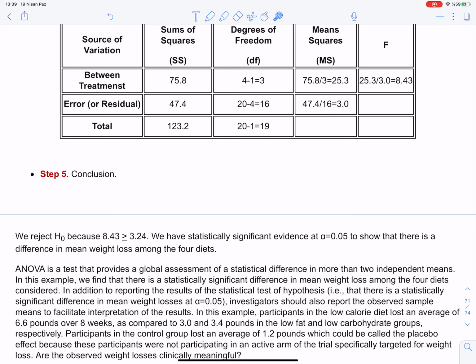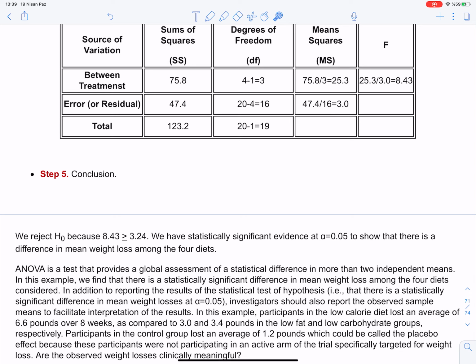ANOVA is a test that provides a global assessment of statistical difference in more than two independent means. In this example, we find that there is a statistically significant difference in mean weight loss among the four diets considered.